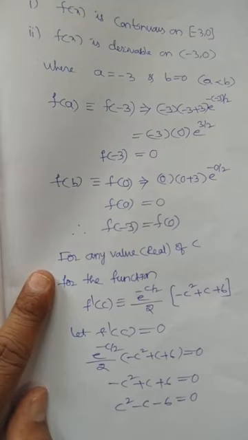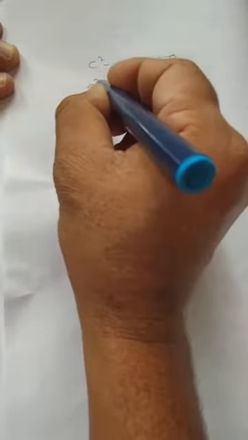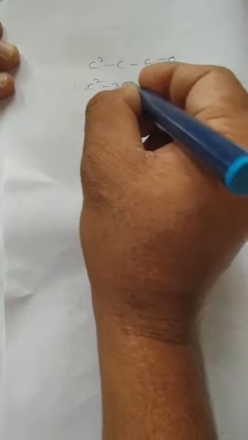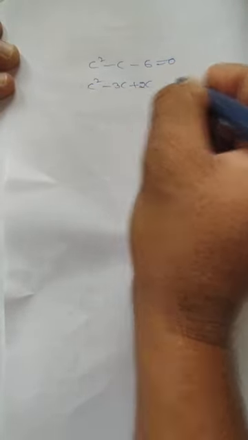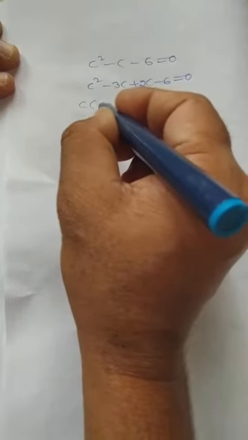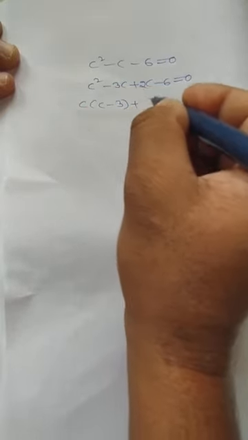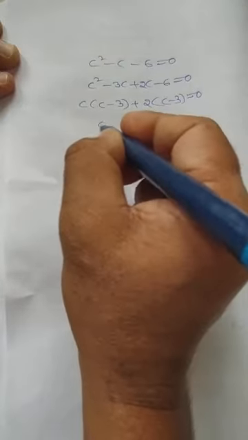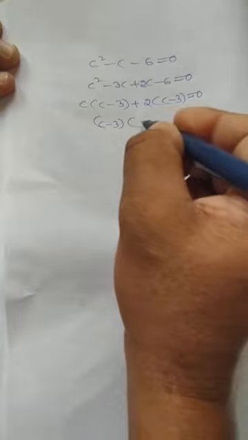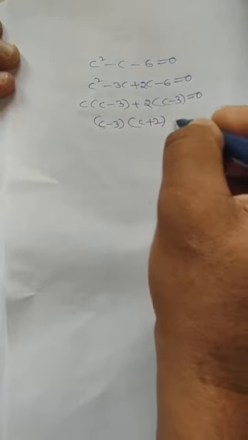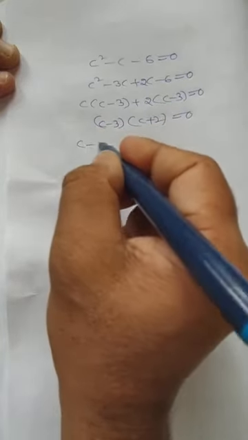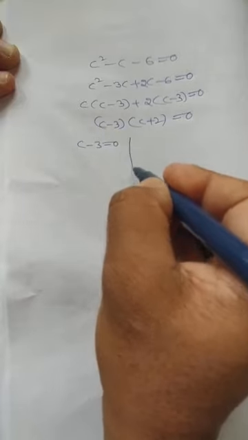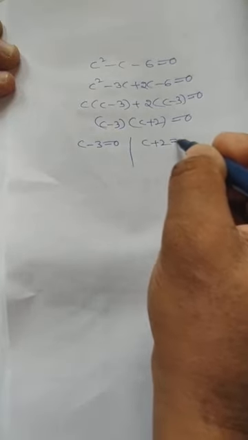Now I have to find the factors for it. The factors are c square minus 3c plus 2c minus 6 is equal to 0. c is the common term, c minus 3 plus 2 is the common term, c minus 3 is equal to 0. c minus 3 is the common term, c plus 2 we got is equal to 0. So c minus 3 is equal to 0, c plus 2 is equal to 0.